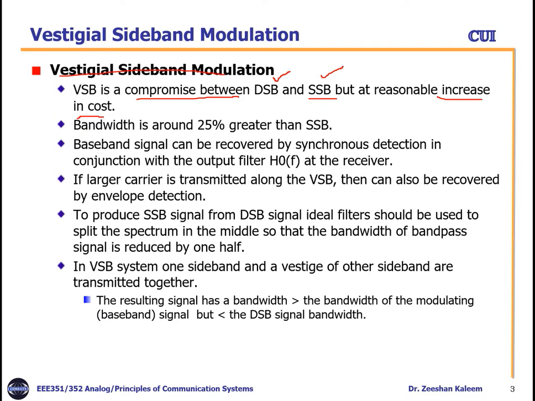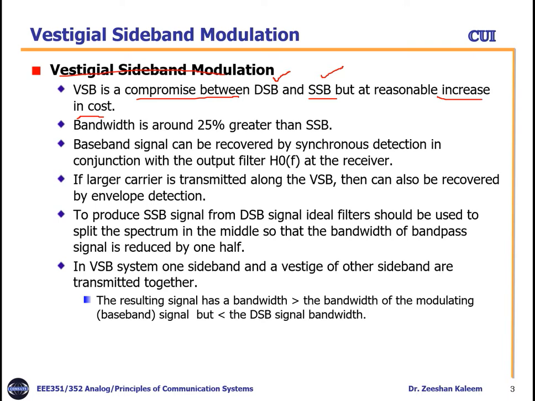Whereas in vestigial sideband, we transmit the upper sideband with a portion of the lower sideband. So that's why it's called a vestigial sideband. Or we can say that we transmit the complete lower sideband and a portion of the upper sideband.